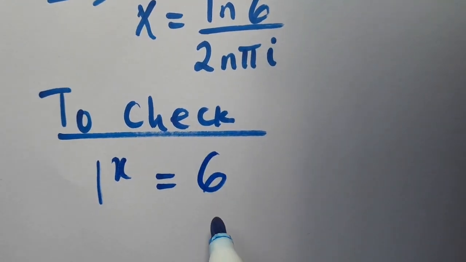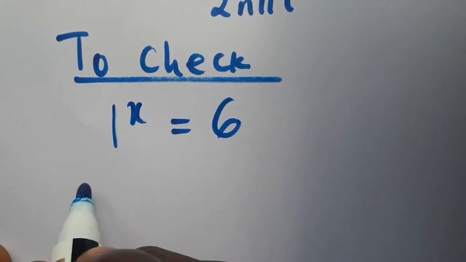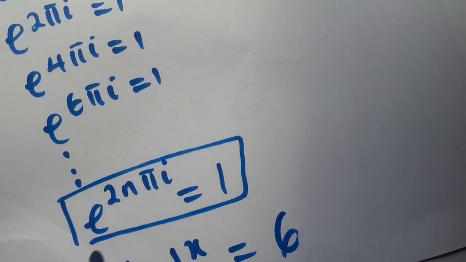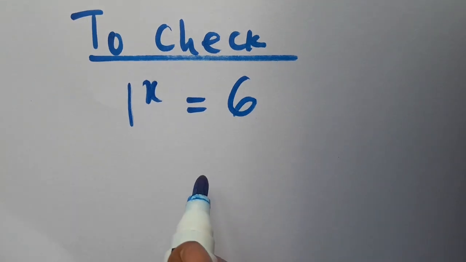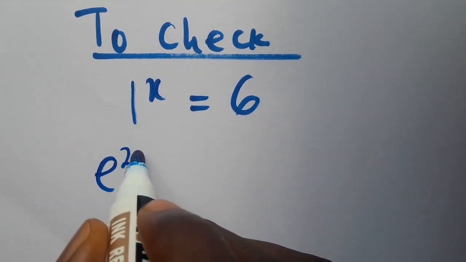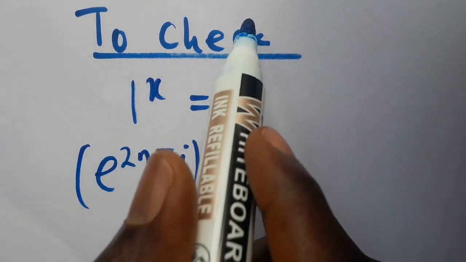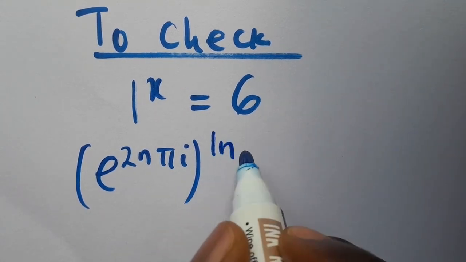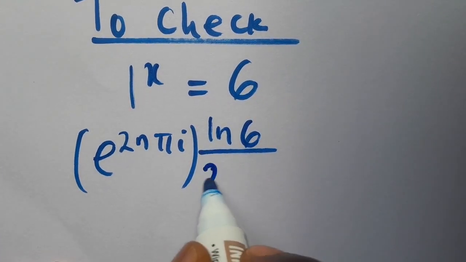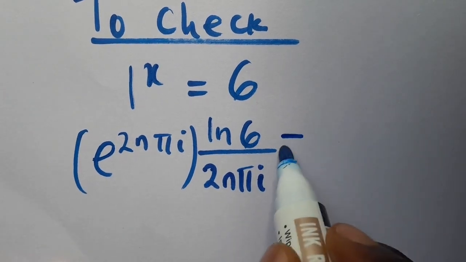So to check, 1 to the power of x equals 6. We got the value of 1 from here to be e to the power of 2n pi i, again to the power of x, then x equals ln of 6 divided by 2n pi i, then it's going to give us 6.